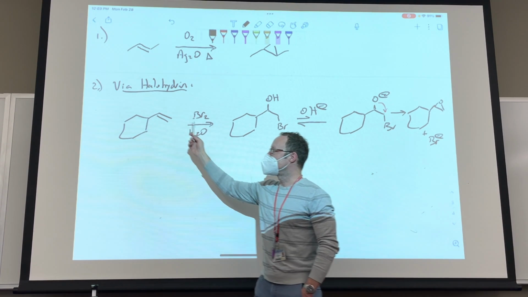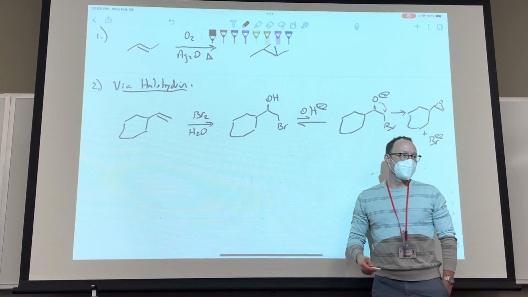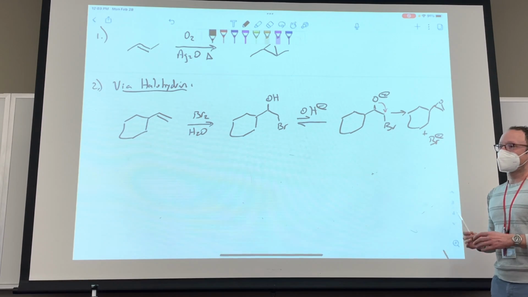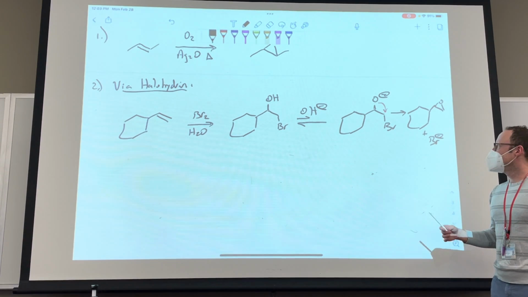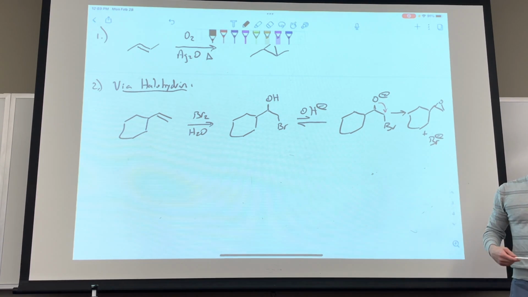Once you saw this spot disappear, then you would add in your base. It's not a very tedious process, you just have to monitor it by TLC. In the end, you end up with a good yield of the epoxide through this intramolecular SN2.